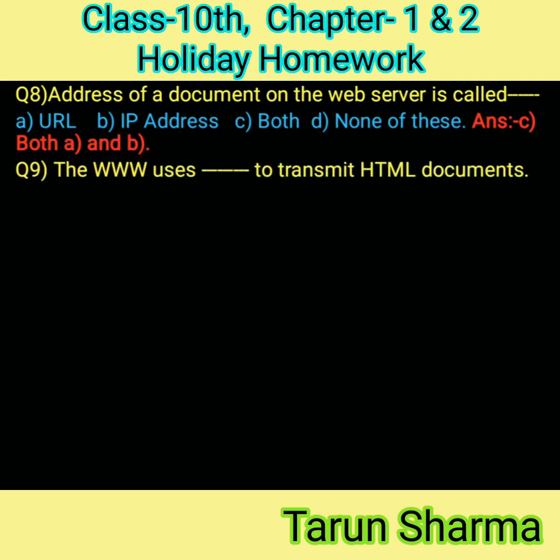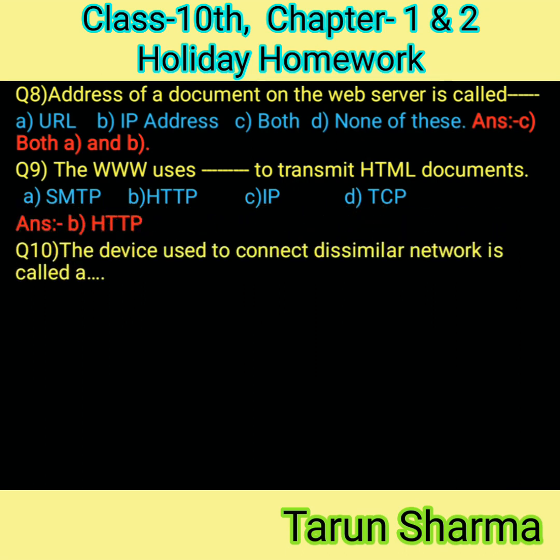The World Wide Web is used to transmit HTML documents. Option A SMTP, option B HTTP, option C IP, and option D TCP. Answer is HTTP. HTTP stands for Hypertext Transfer Protocol.